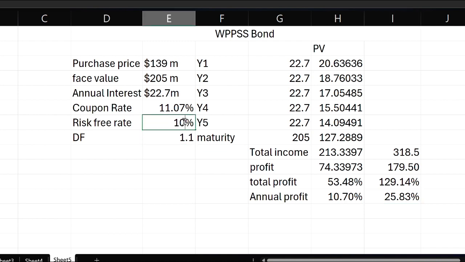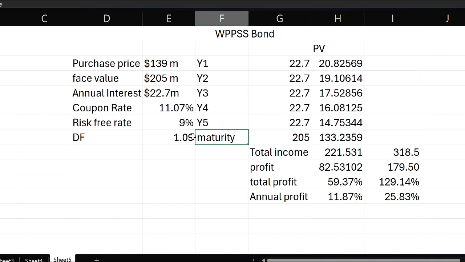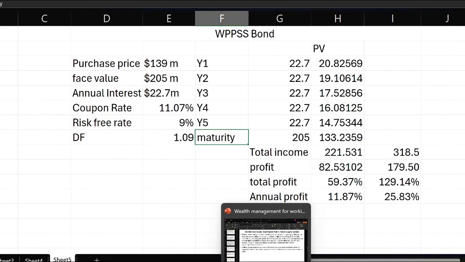At that time, based on the case study, we got it as 9 percentage, so the discounting factor will be 1.09. So see the change in the numbers. This is how you need to calculate while calculating bond values, bond valuation. This will be very useful when you are taking any kind of decision related to valuations.